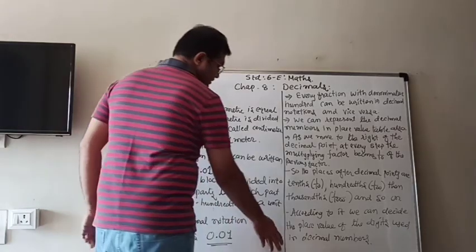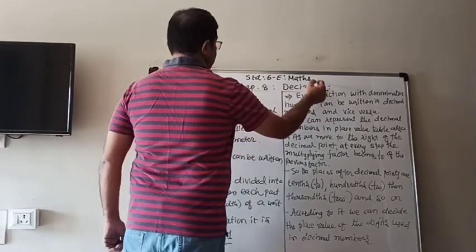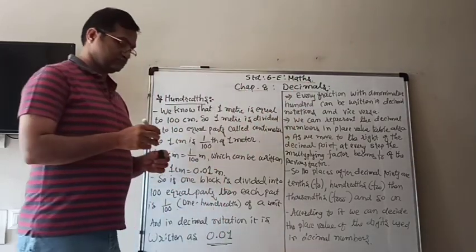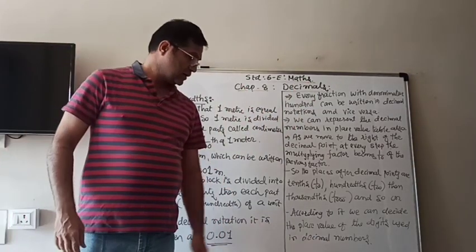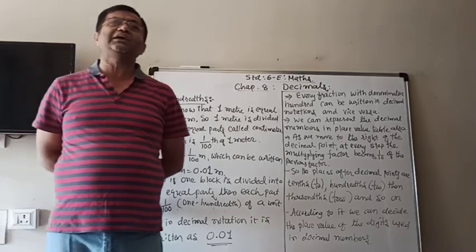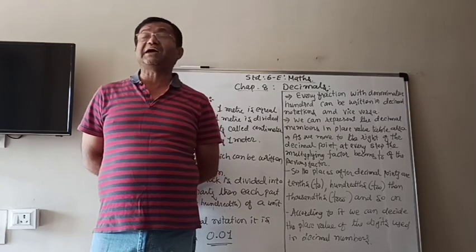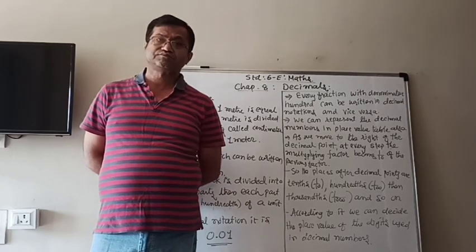We know that decimals are numbers that have a decimal point in them. In the last few sessions we learned about the tenths of a number.